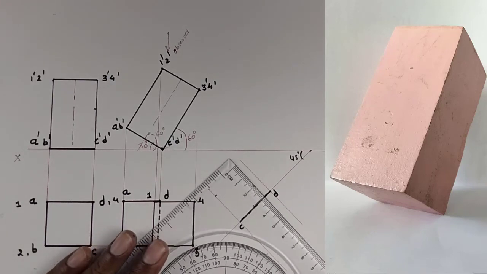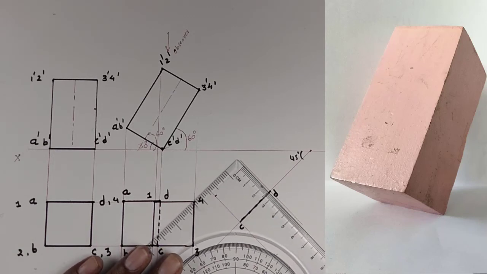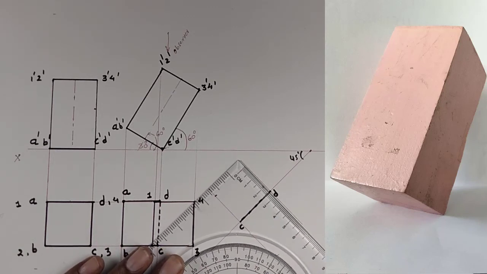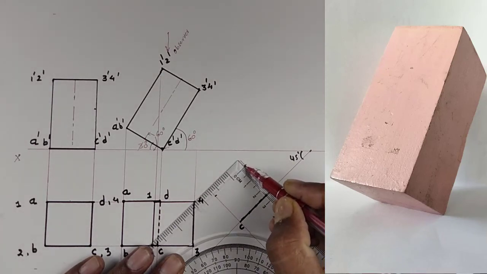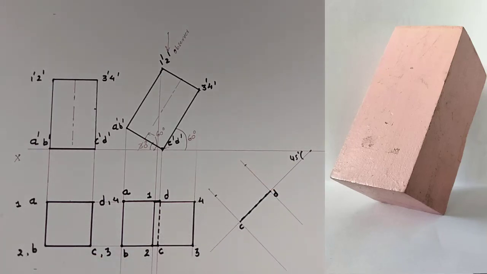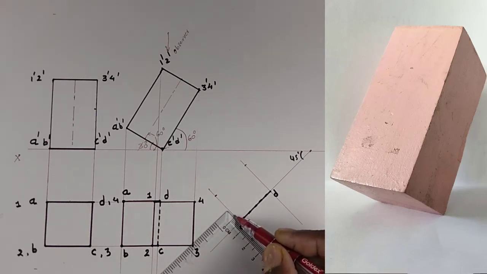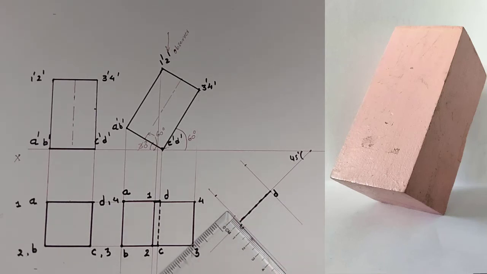Similarly, the A point is 25 mm from D. Again, measure the distance C to 2, which is 5 mm, so I mark the 2.